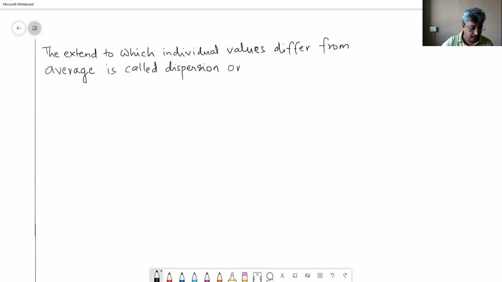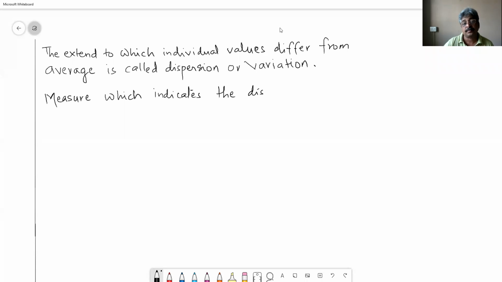The measure which indicates the dispersion is the measure of dispersion.